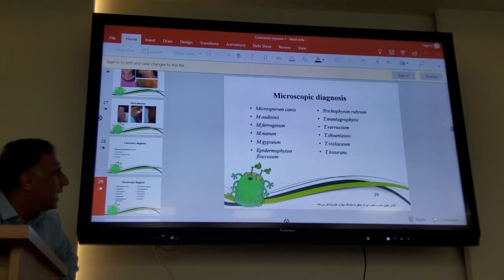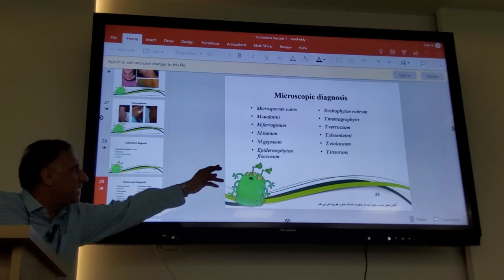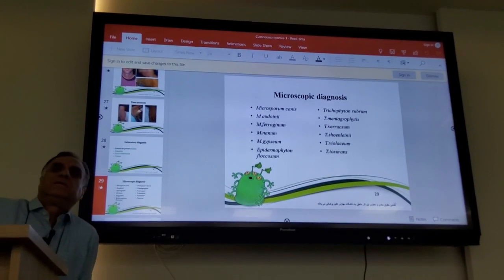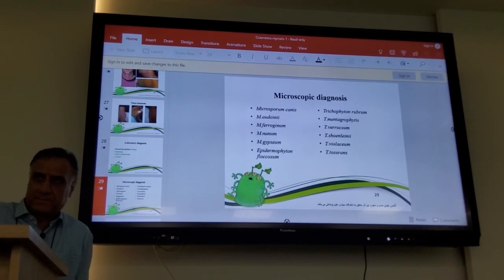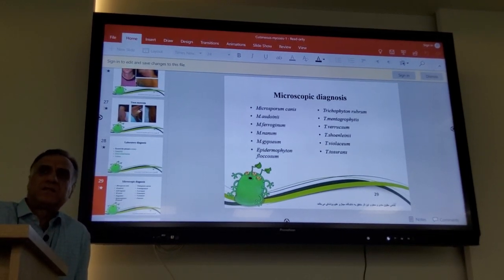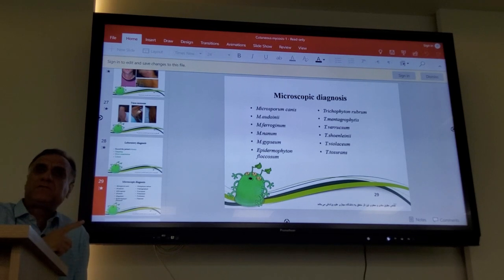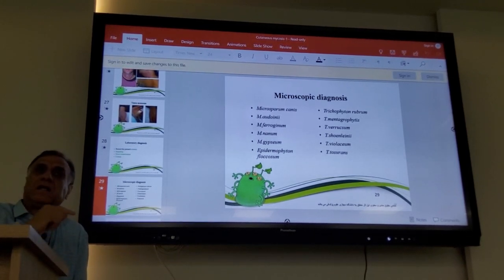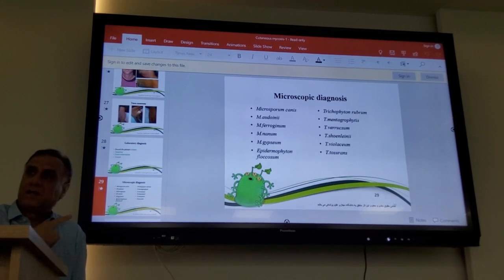Microsporum gypseum. In the Epidermophyton genus, we have two species. One species is important, a pathogen: Epidermophyton floccosum. It has a human source.